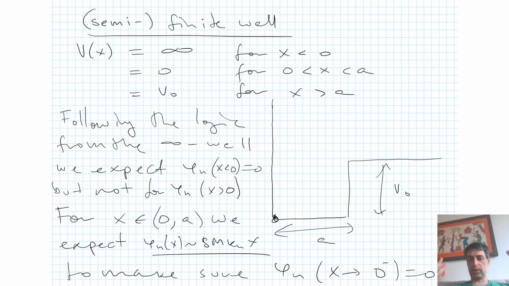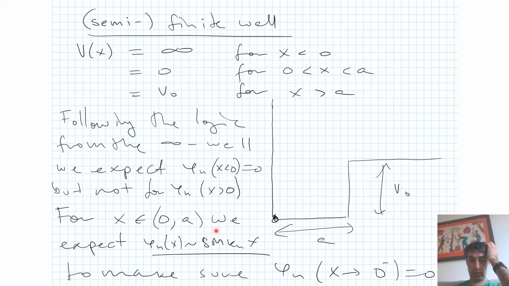And the foundation of the method is that we have a differential equation, d2 by dx squared of phi of x is equal to E minus V of x times phi, right? That's the differential equation. We just have to solve it. And so we just have to move to more complicated problems from simpler problems.